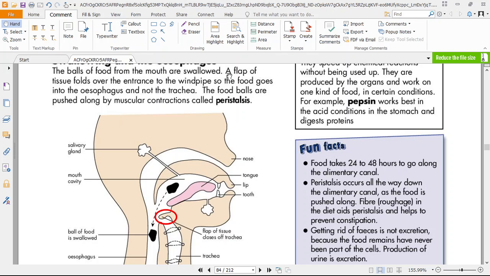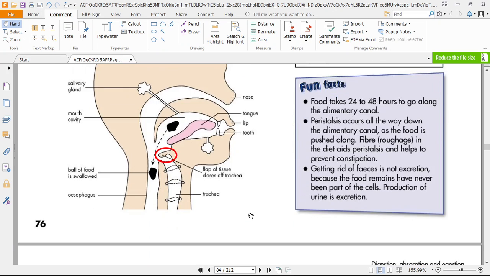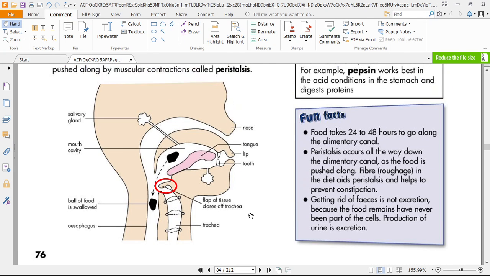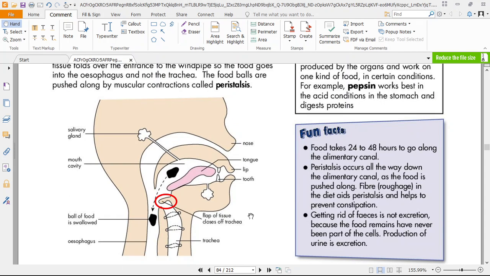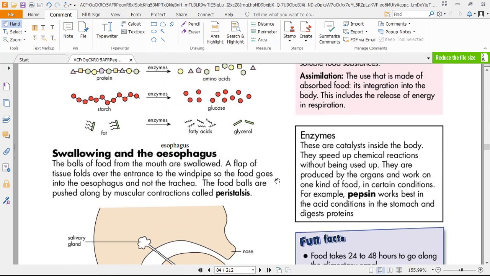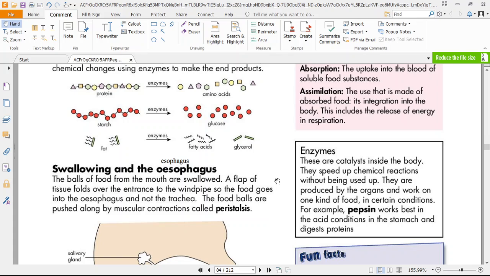Now, what happens is that when you eat your food, your tongue rolls the food into a ball, and we call that ball a bolus. But I'm not saying you need to know this term, right? So roll it into a ball, and then a wave-like motion takes the food along the alimentary canal. You will see how long the alimentary canal is, and it's a wave-like motion. Like when you're squeezing out your toothpaste, you have to squeeze it and push it down.